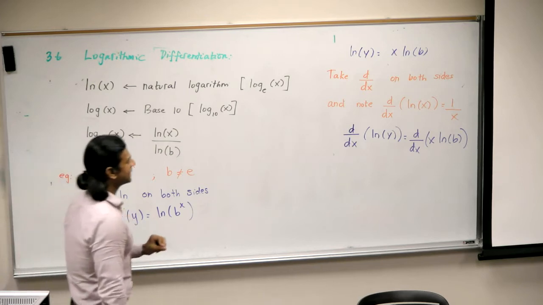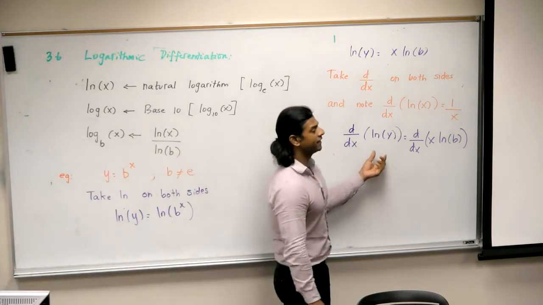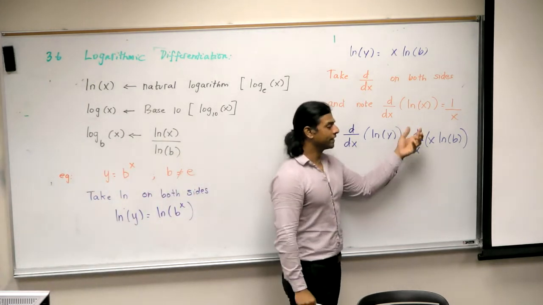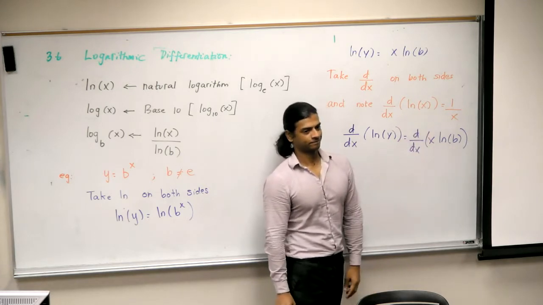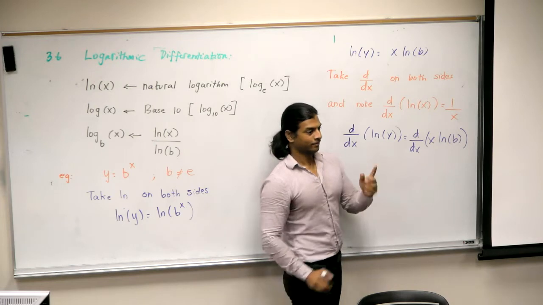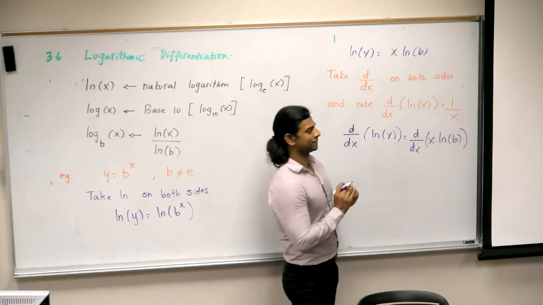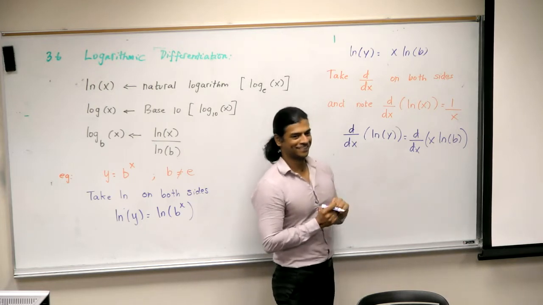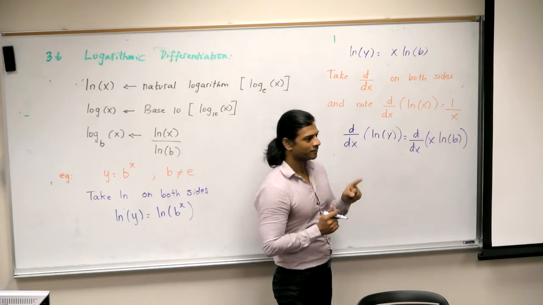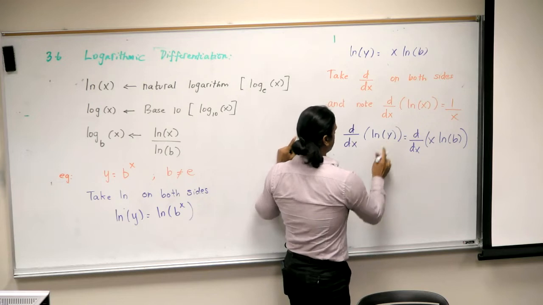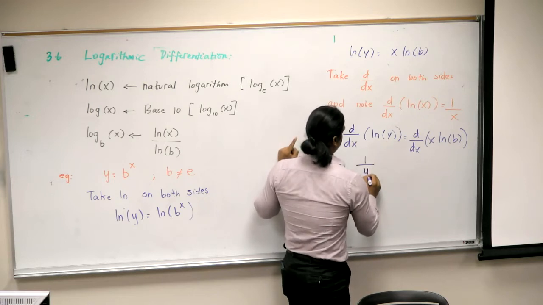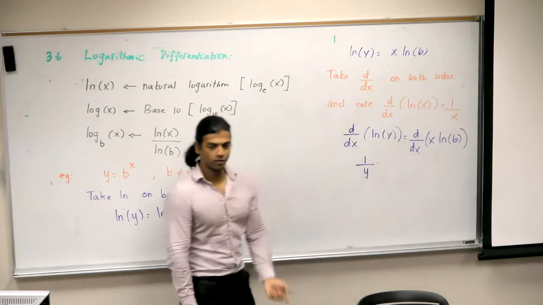I wanted to find the derivative of ln of y. I told you the derivative of ln of x is 1 over x. Meaning that if we apply this, y prime over y. If I treat y as x, the derivative would be 1 over y.